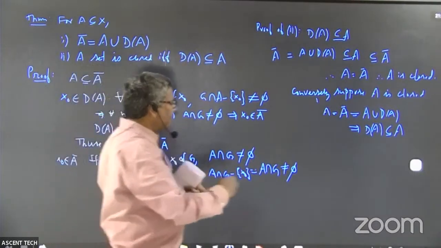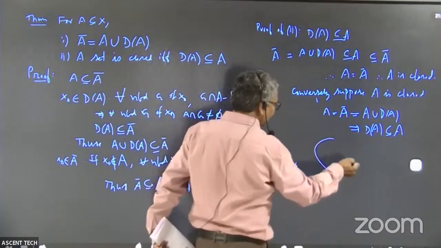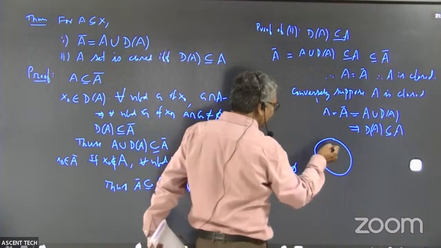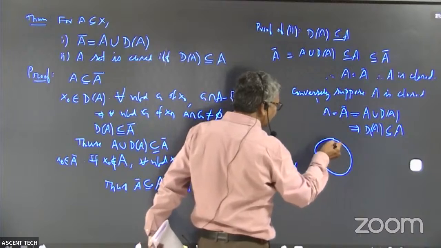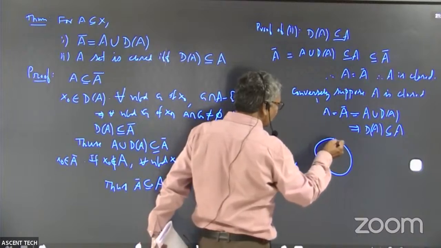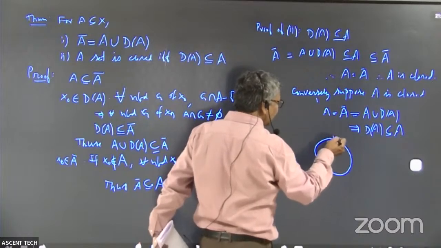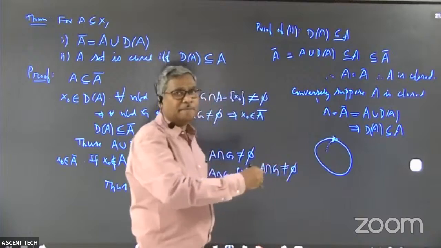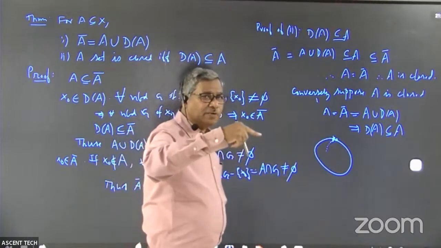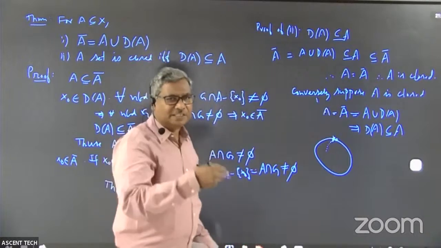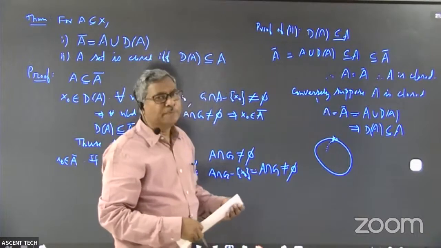If I have a set A, and you look at any point right here, I can reach that point by approximating with points from inside. I can get a sequence which converges to this x naught, and therefore x naught will be a limiting point. So if I have a sequence of points converging to some x naught, that idea of convergence will be available to you in metric spaces.